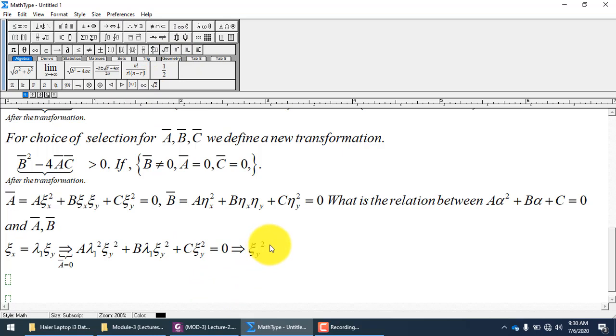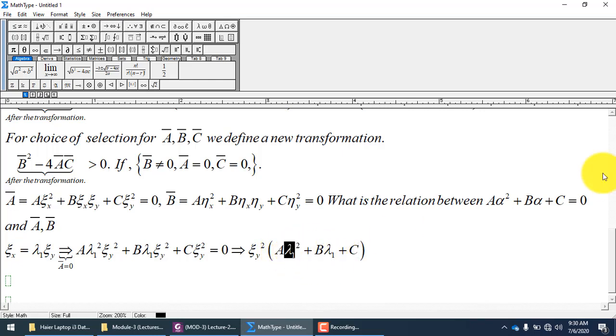So if you take it common from that equation, there will be a lambda 1 square plus b lambda 1 plus c, and you know that this is 0 because lambda 1 is the root of that equation.